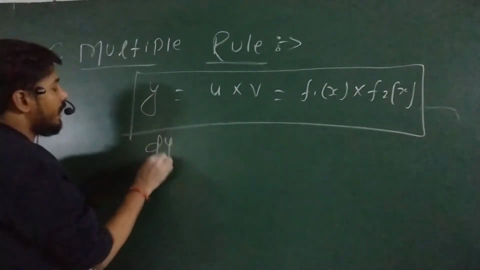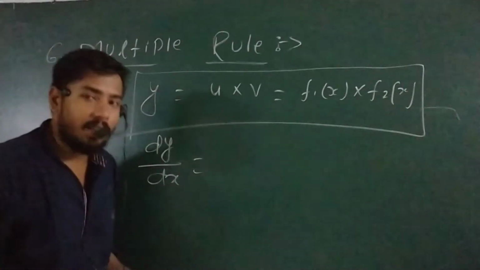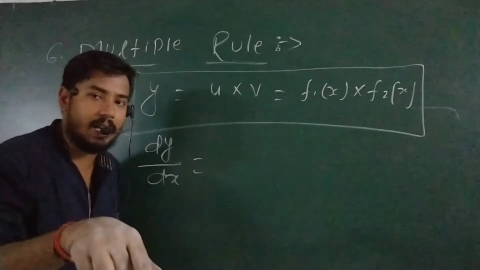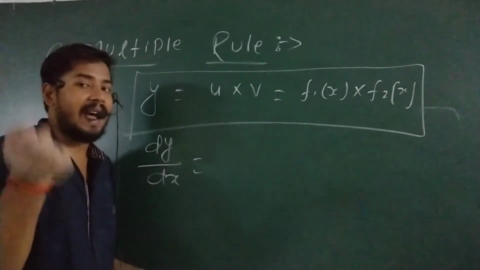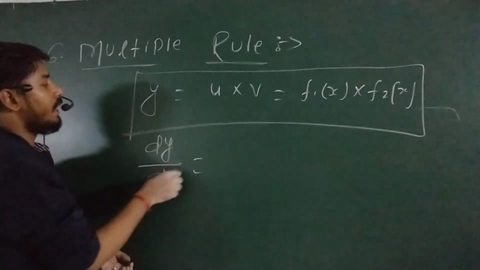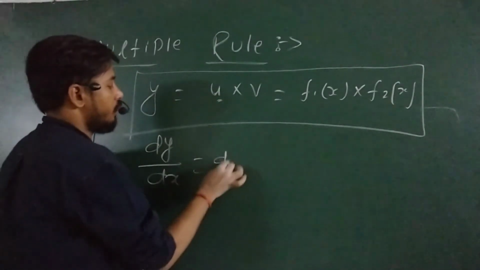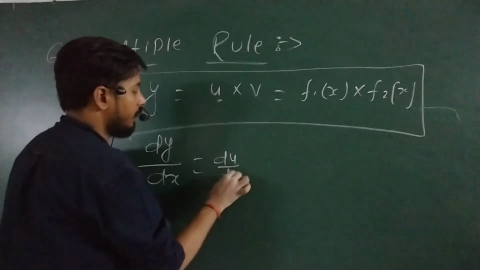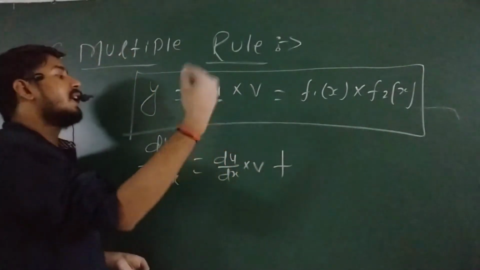dy by dx: catch any one, leave the other. Catch means differentiate, leave other means as it is. So suppose I catch this one: differentiation of this one into leave another, plus catch another one.